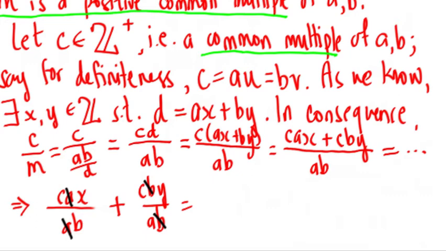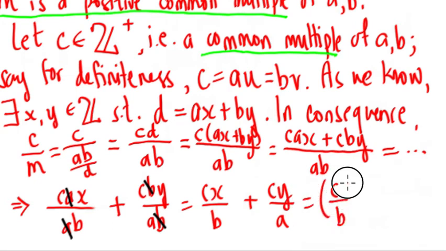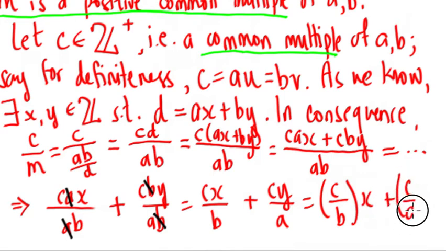So what we'll have is CX over B plus CY over A. We want to group these so that we have X and Y alone: C over B times X plus C over A times Y.